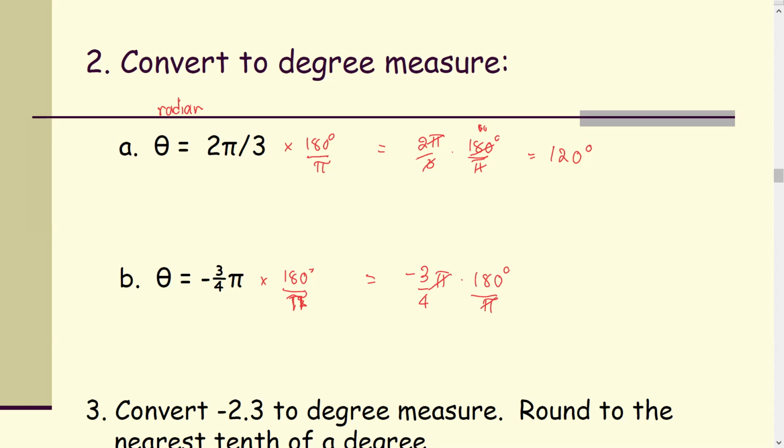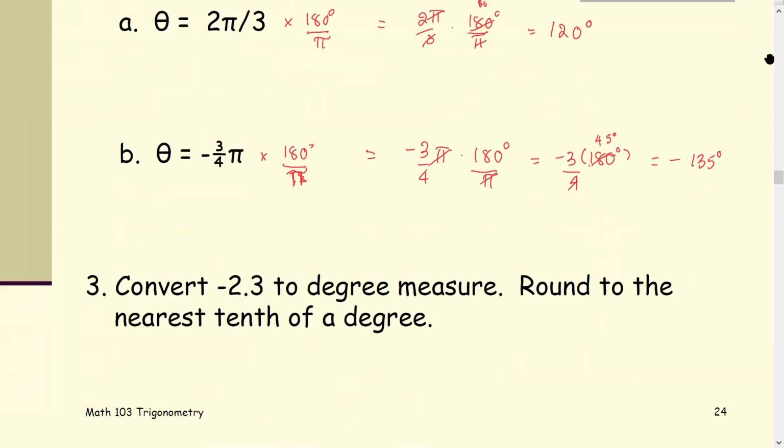Pi and pi cancel, and simplify the number: negative 3 multiplied by 180 degrees over 4. Simplify one more to get negative 135 degrees. 4 goes into 180 45 times, so 3 times 45 becomes 135 degrees.